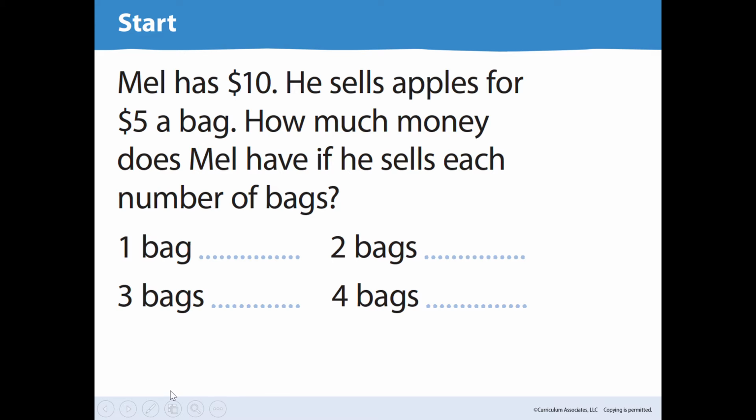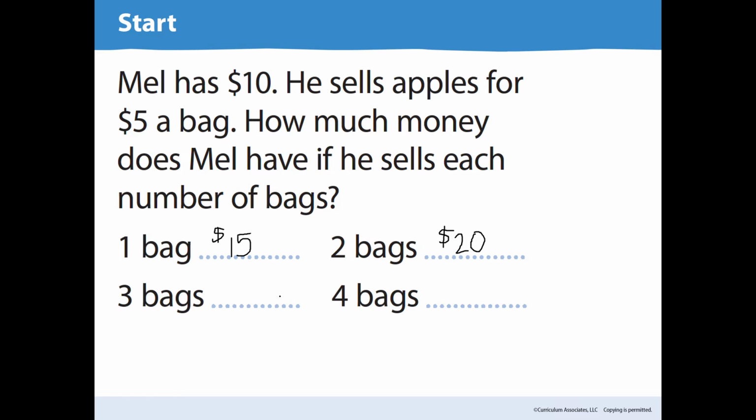If he sells one bag, then he makes $5 off of that, and he already has $10 to start. So if he sells one bag, then he has $15. If he sells two bags, 2 times 5 is 10, plus the $10 he already has is $20.